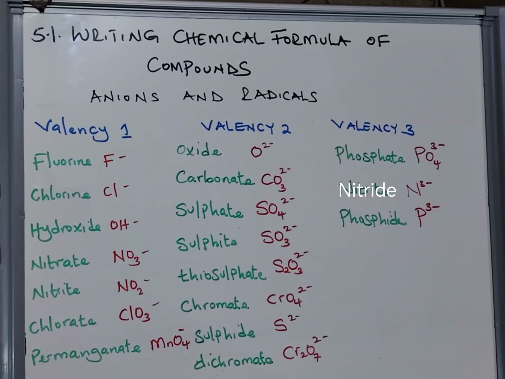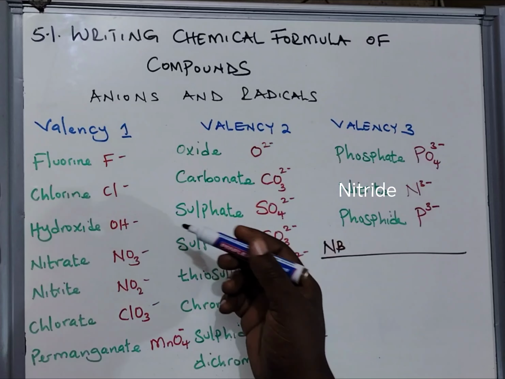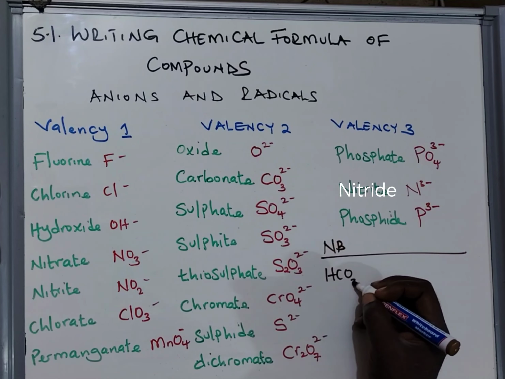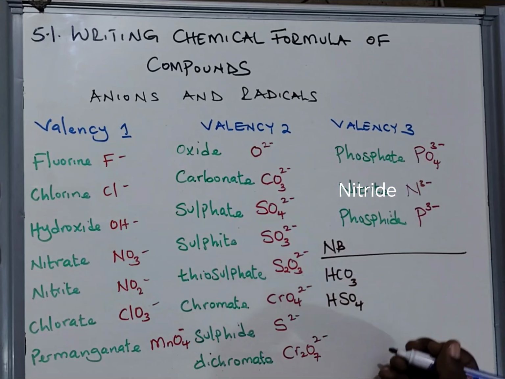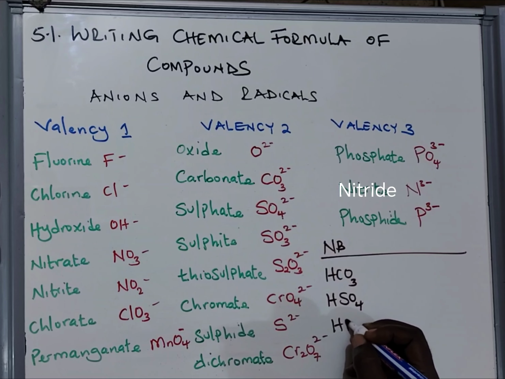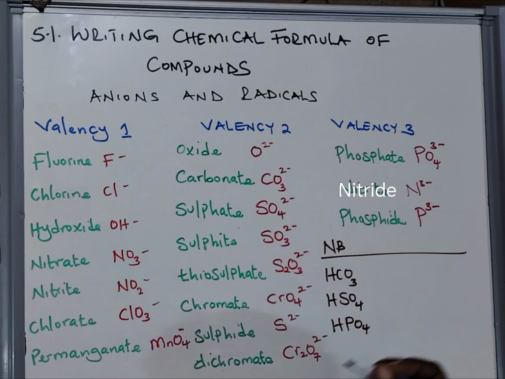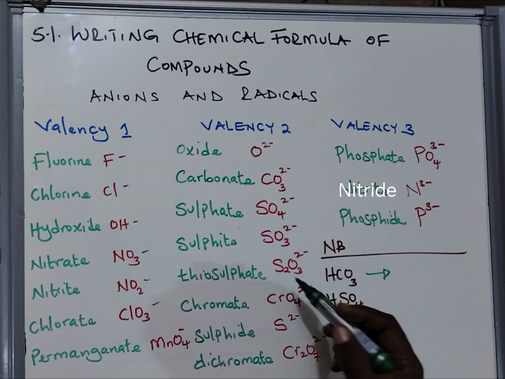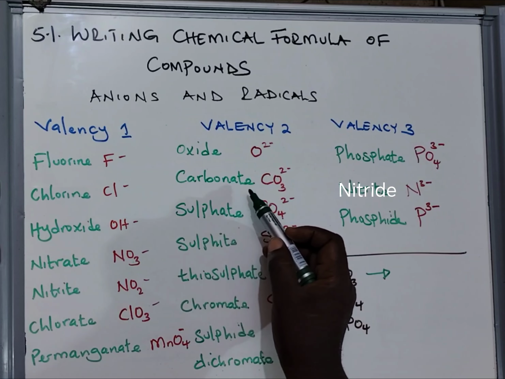Now I need to remind you here before I close this page that hydrogen carbonate, hydrogen sulfate and sulfide, hydrogen phosphate, and other hydrogen compounds. The coming of hydrogen reduces the valence, the normal valence, by 1. So when you look at here, we know that carbonate is valence 2.